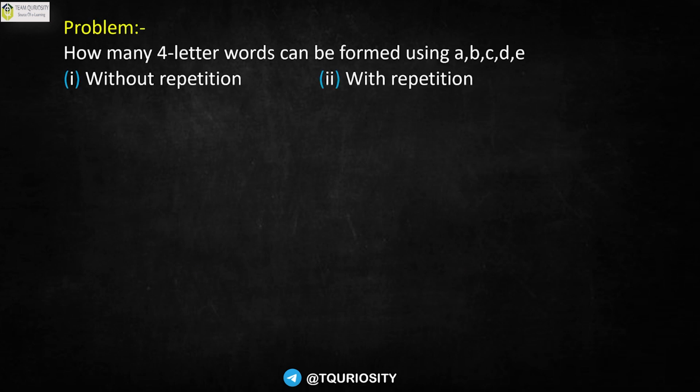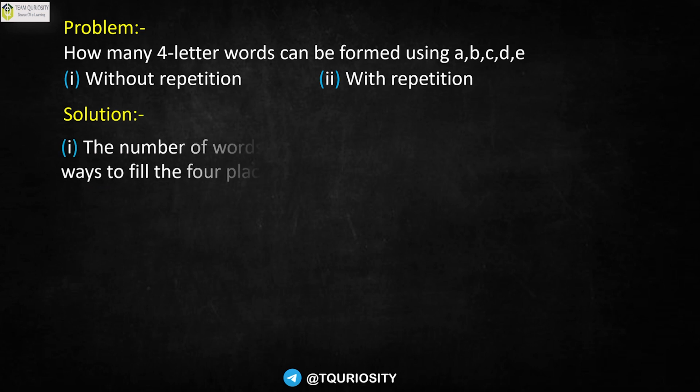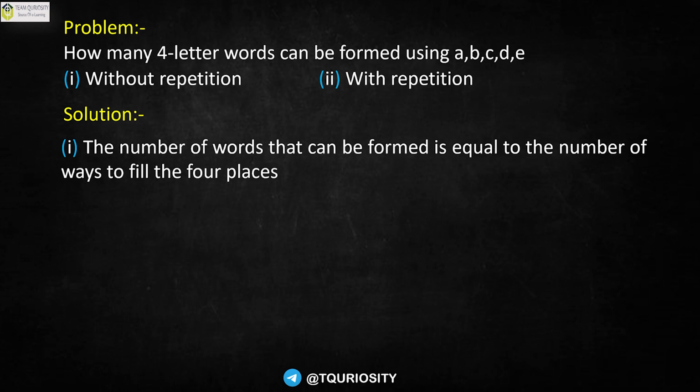How many four-letter words can be formed using A, B, C, D, E: bit 1, without repetition, bit 2, with repetition. The solution of the above problem is, bit 1. The number of words that can be formed is equal to the number of ways to fill the 4 places.